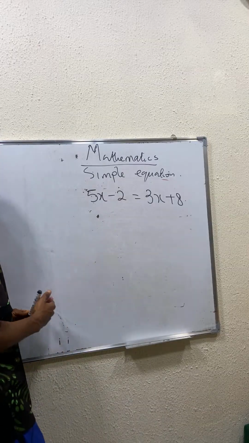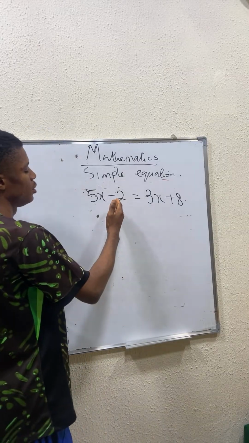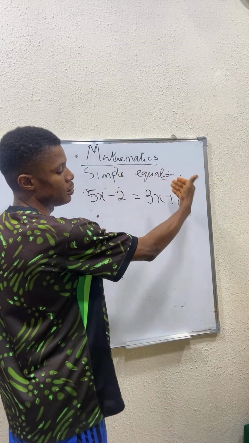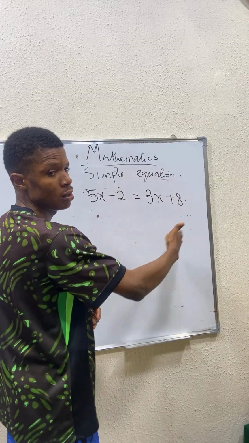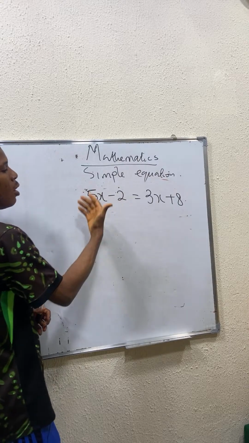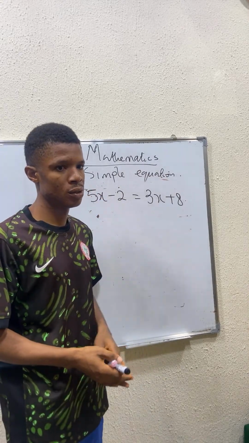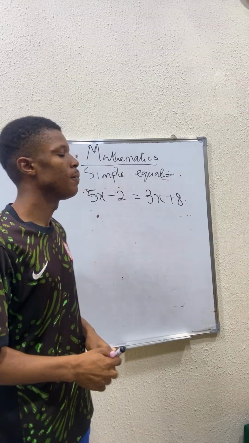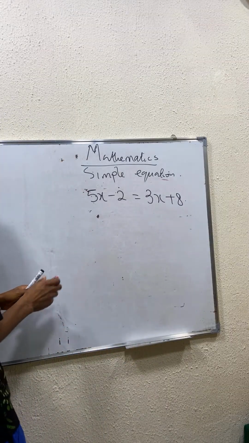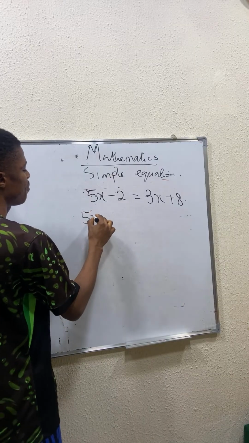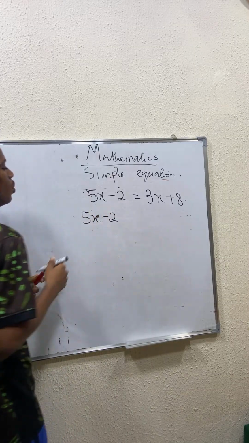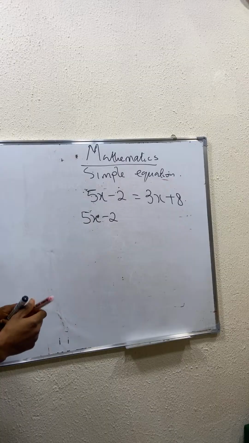We always like the numbers or the constants to be on the right hand side of the equation, while the variables are needed on the left hand side. So in that case, we now have 5x minus 2. What should we add or subtract?